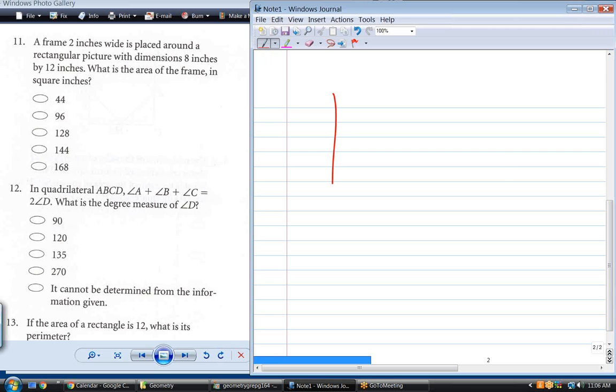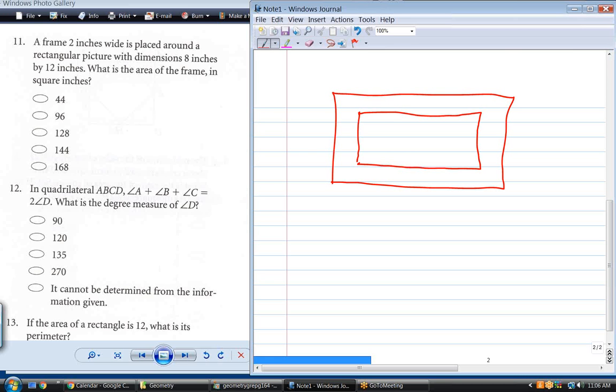So here's my frame is placed around a rectangular picture. There's the rectangular picture. The rectangular picture has dimensions 8 by 12.